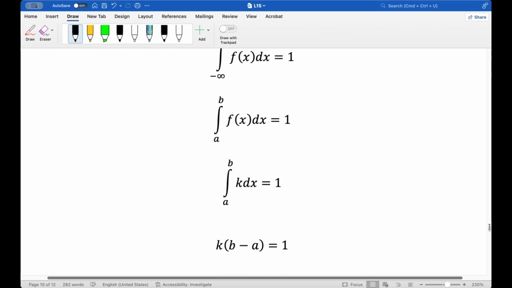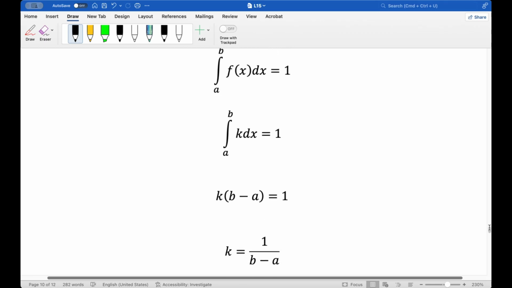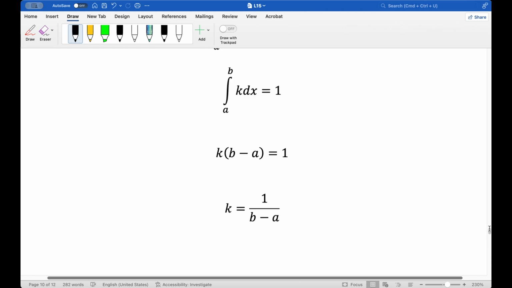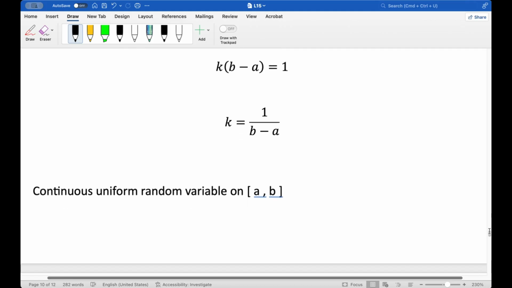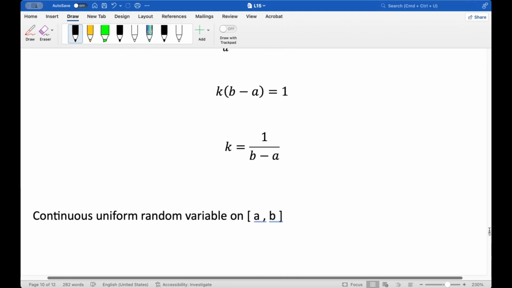So we just get k times b minus a. So k is equal to 1 over b minus a. So for a continuous uniform random variable, the density is going to be 1 over b minus a.